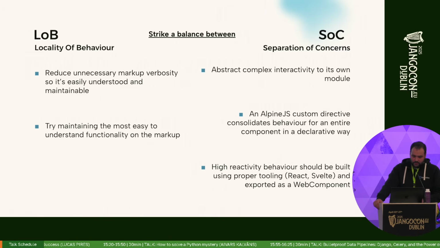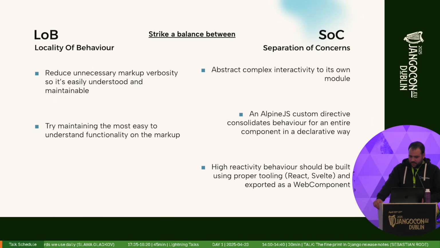So we favor locality of behavior by reducing verbosity on complex elements, complex state management, complex data. We try to maintain the most functionality possible without requiring multiple files. But at the same time, we try to favor separation of concerns by moving complex interactivity that's not easily apparent on the file to a different file.